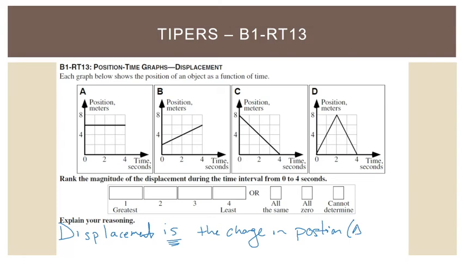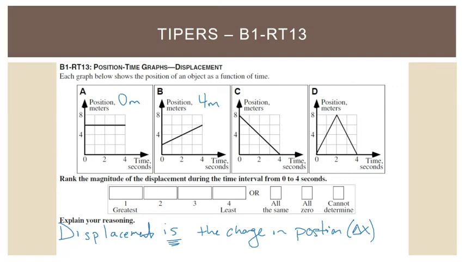And I'm going to put there in parentheses delta x. So looking at A, final position 6 meters, initial position 6 meters, change in position 0 meters. This one ends up at 6, starts at 2. 6 minus 2 is 4 meters.